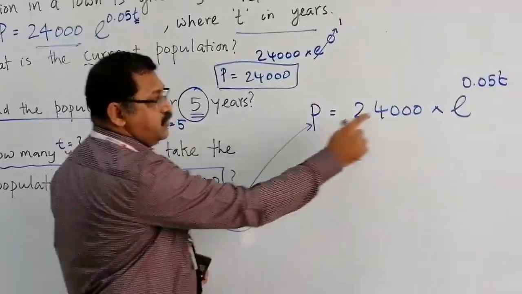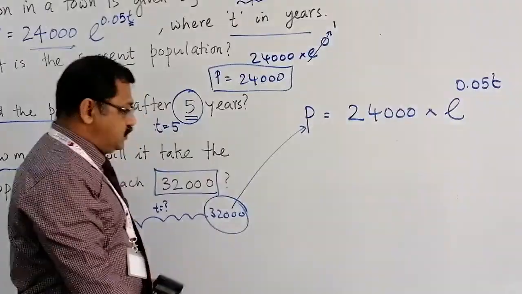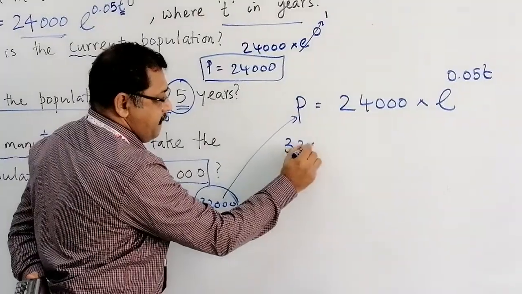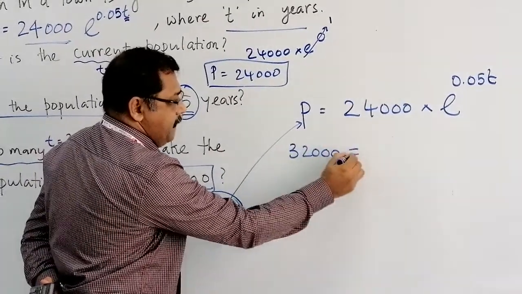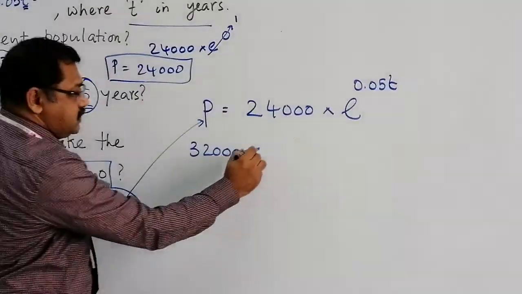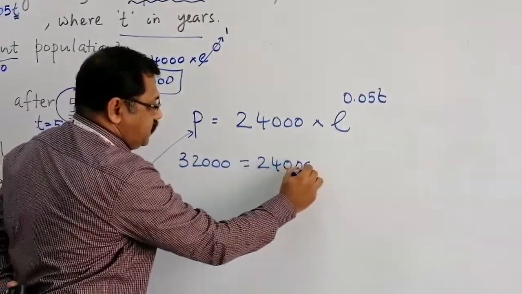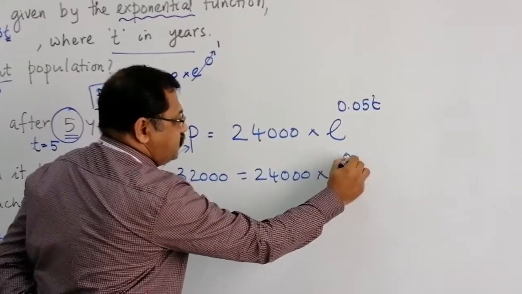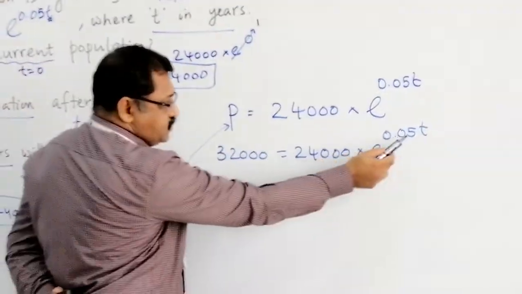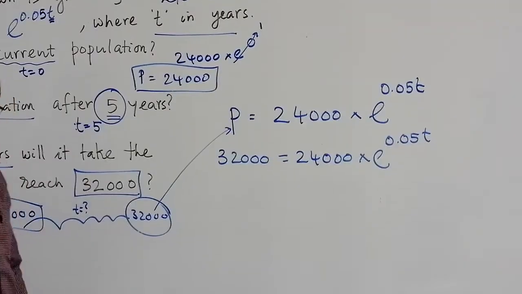And we are looking for t here. So we can substitute 32,000 in place of P, because P is the population after t years, which equals 24,000 multiplied by e raised to 0.05t. And from here we need to find t.